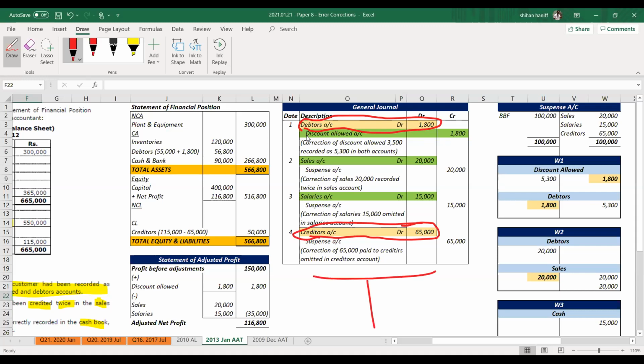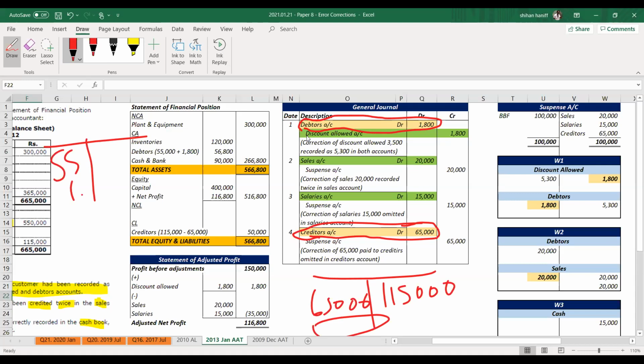If you prepare a creditors account, it has a balance of 115,000, debit 65,000. Then the difference will be the closing balance. If you prepare the debtors account, it has a balance of 55,000 debit, another 1,800 debit, so total 56,800. Is it clear?